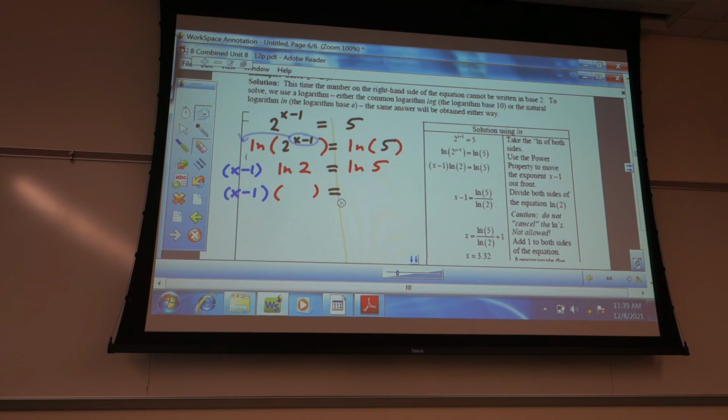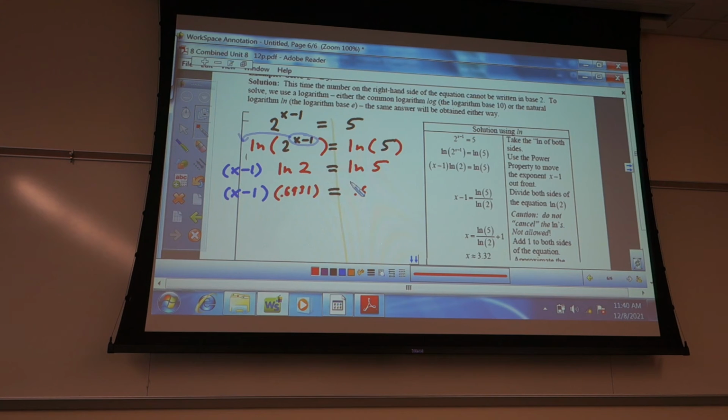Natural log of 2 is 0.6931. David, find natural log of 5 for me. I got 1.609.